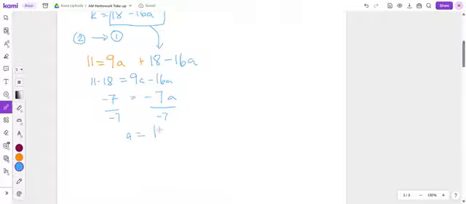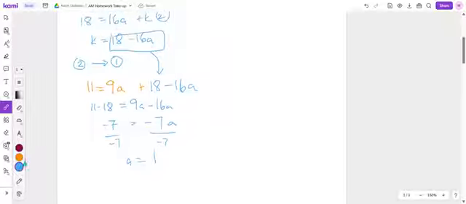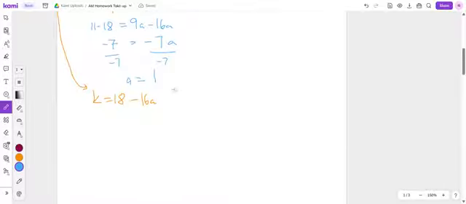Can I find the k now? Yeah, you can, Miss Lai, because you took equation 2 and you rewrote it as k equals 18 minus 16a. So why don't I sub in the a value?